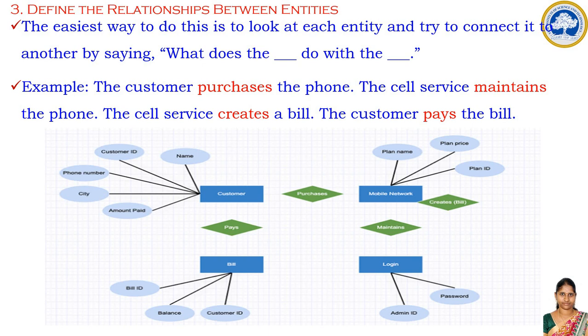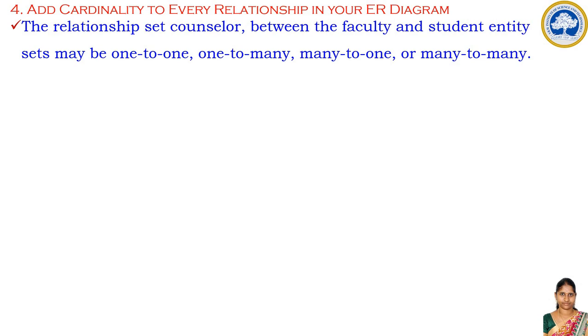Then next step, we have to give the cardinality to every relationship in our ER diagram. How do we mention the cardinality? I am giving a simple example, the university example.